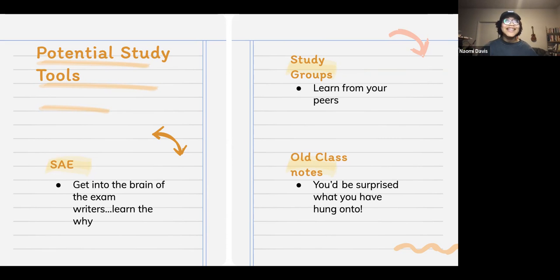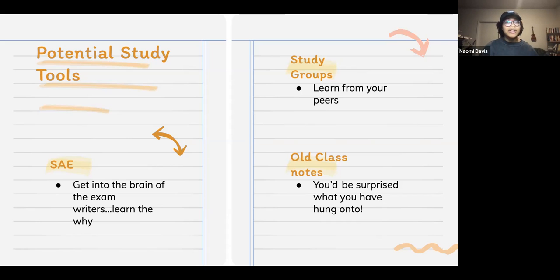It started as like 16, but it ended up just being the three of us or four of us. And we all went to different universities. That was so valuable for me because they all learned things differently than I learned them. And there was honestly some information that they learned that I didn't learn, and vice versa.